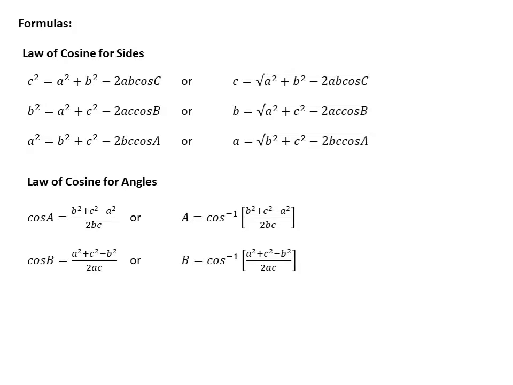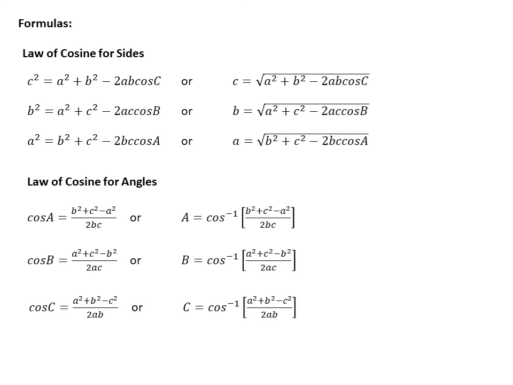For our second formula, cosine of angle B equals A squared plus C squared minus B squared all over 2AC, or it can be written also as angle B equals inverse cosine of A squared plus C squared minus B squared all over 2AC.